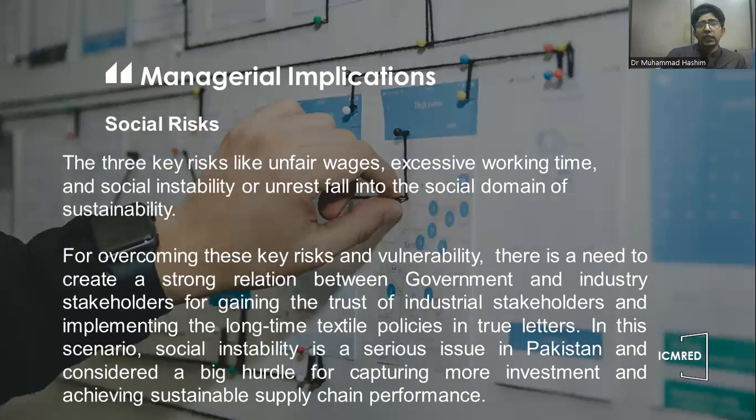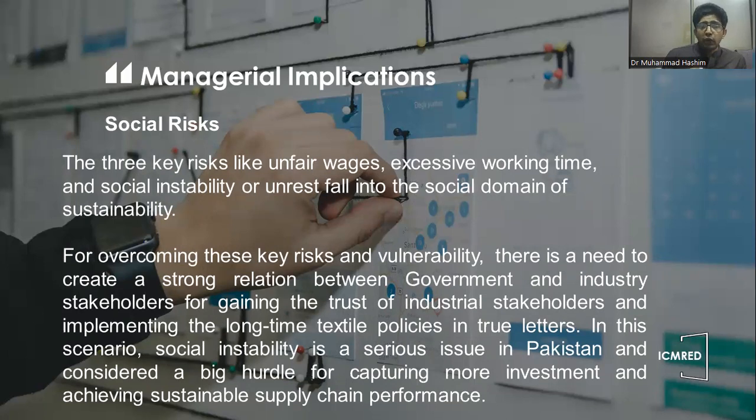The next category is social risk. Under the social risk, there are three risk factors: unfair wages, excessive working time, social instability or unrest. These fall into the social domain of sustainability.